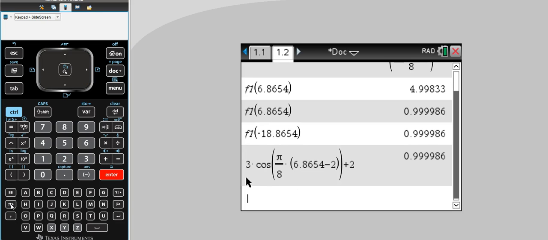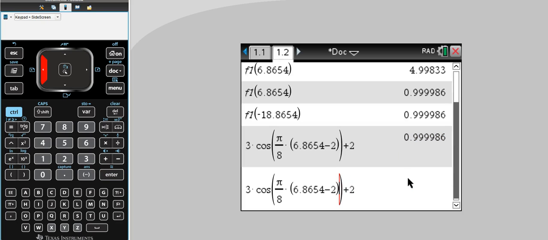I can type in the equation and just substitute my x solution and see if I get the correct y value. Once you've done it once, you can copy it and then just change the value.